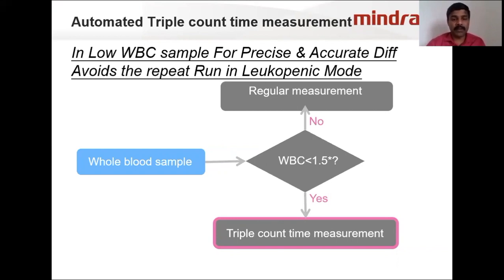But in advanced instruments like Mindray systems, it avoids the repeated run by enhancing the automatic time. The instrument will automatically increase the measurement time when the count is very low, so that we get a more precise and accurate differential. So this was one challenge earlier, and now it has been handled automatically by the instrument.